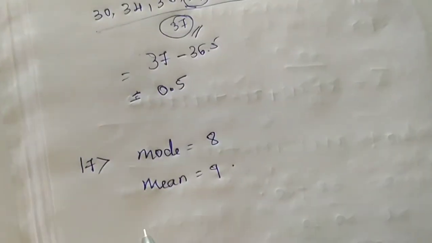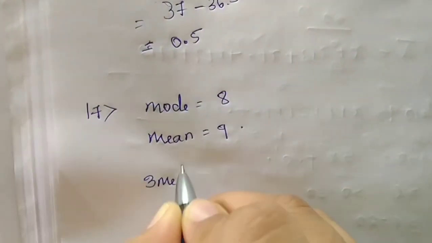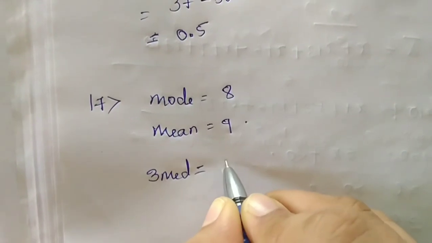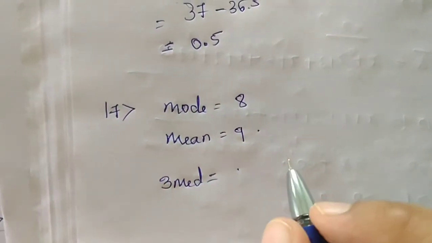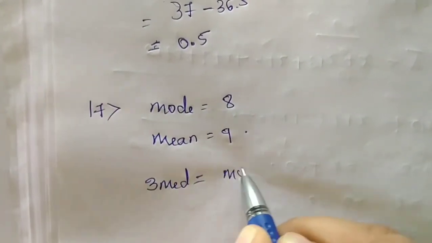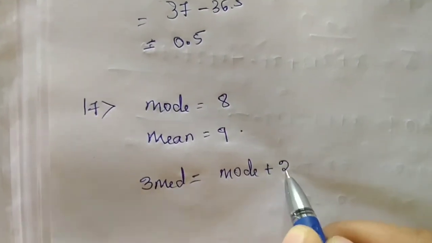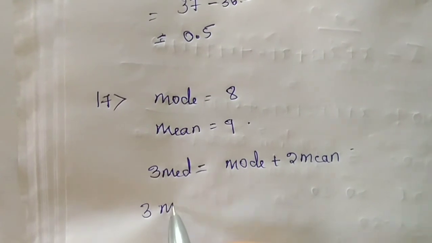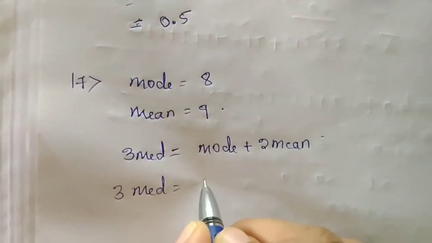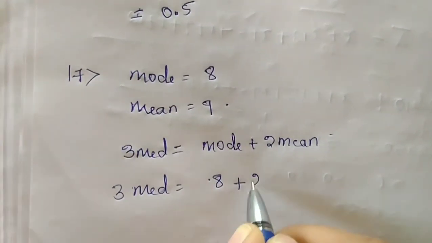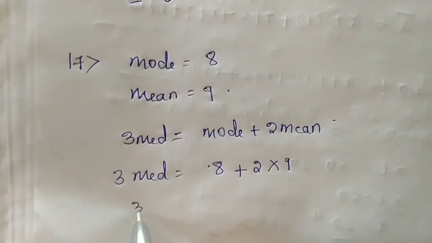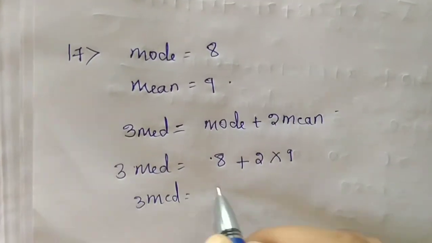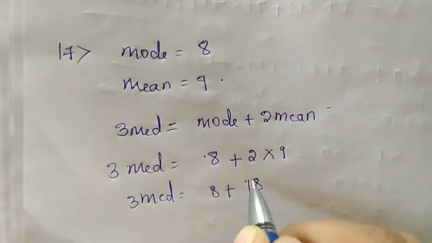9. Okay, so we know that 3 median is equal to mode plus 2 mean. So 3 median is equal to 8 plus 2 into 9, which is 8 plus 18.